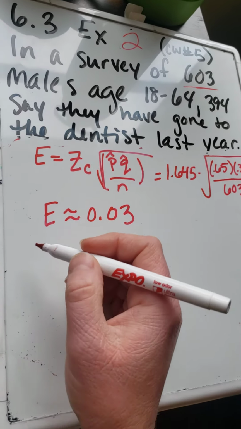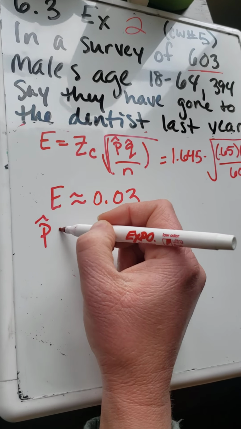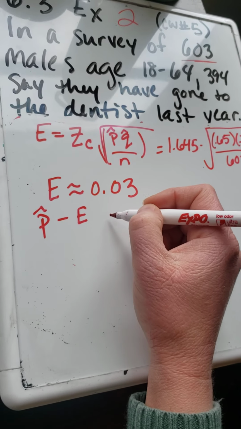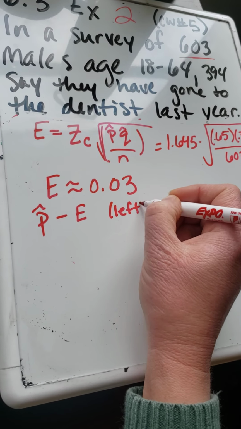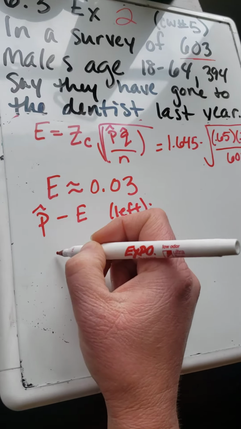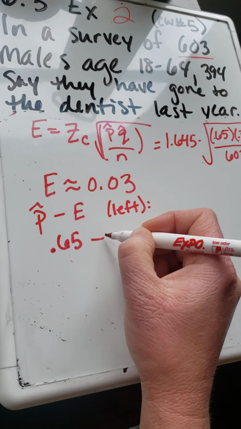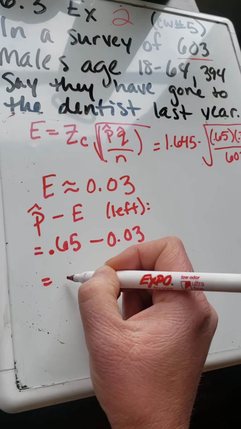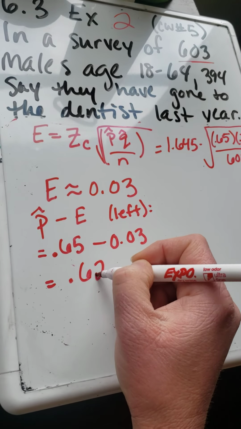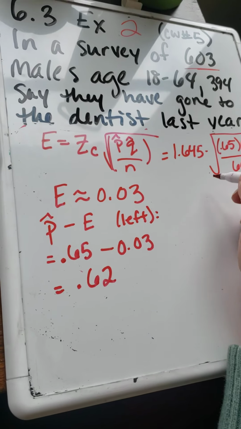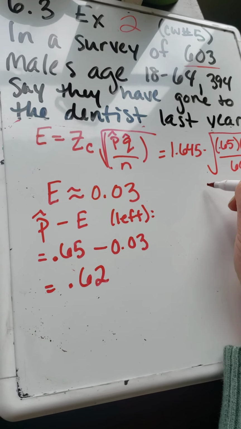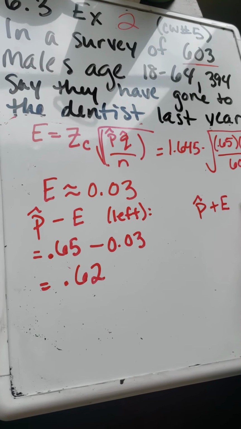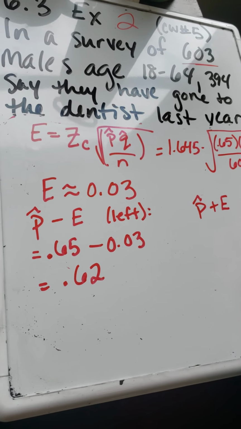So we are going to take p hat minus E to get our left endpoint. And p hat was 0.65 and E is about 0.03. So that's 0.62 for our left endpoint of our confidence interval. And to get the right endpoint, we're adding E to p hat.